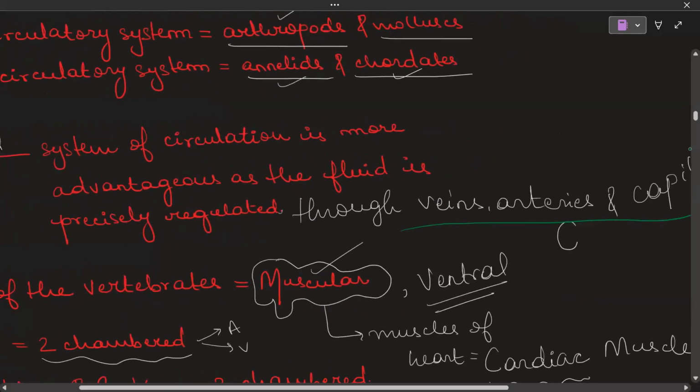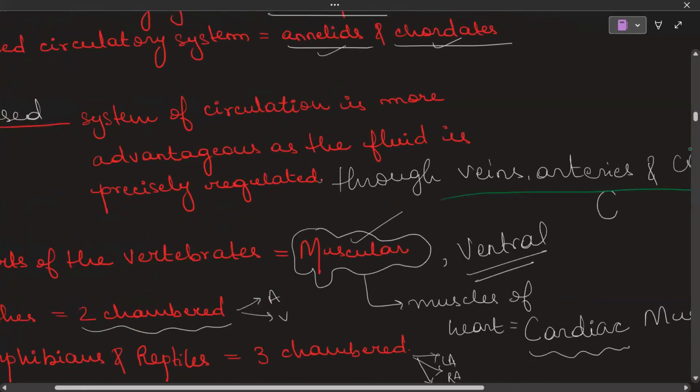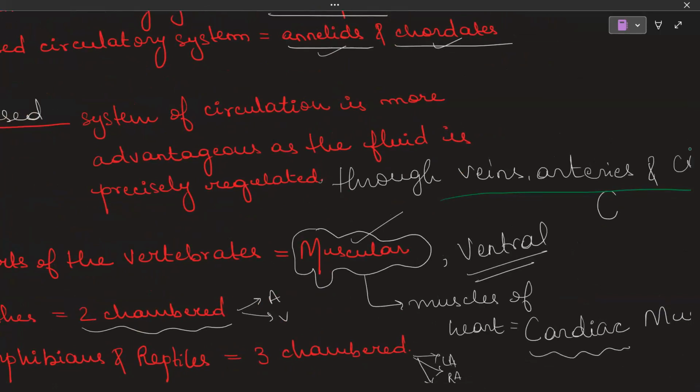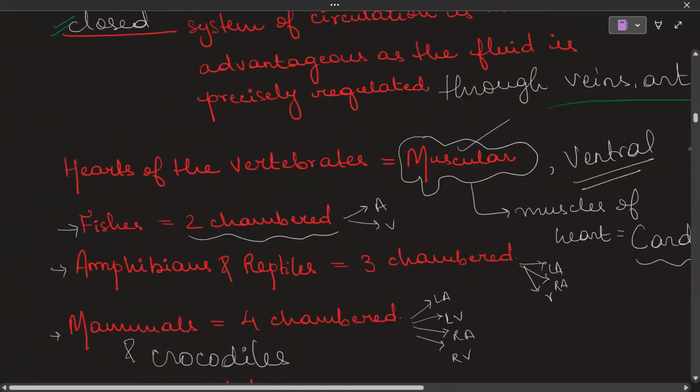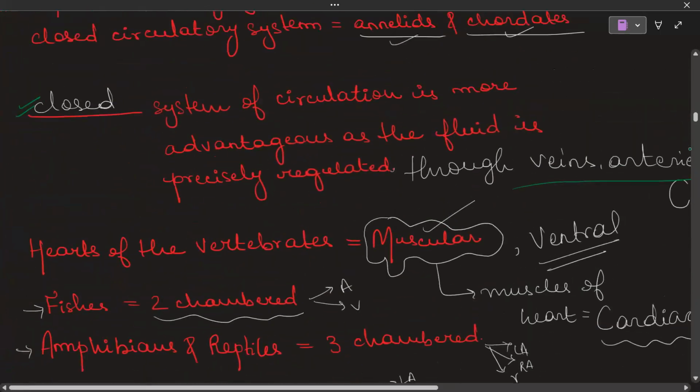The advantage is that since the blood is flowing through the arteries, the veins, the capillaries, meaning the blood vessels, it is regulated precisely. It will be sent wherever it is needed very precisely. Now, the open is just the opposite. Here, the organs are bathed in the blood.